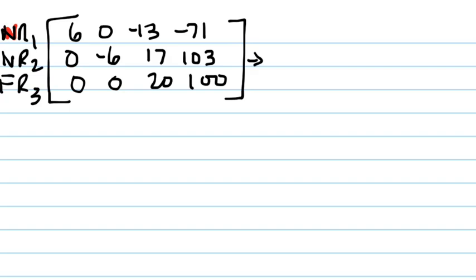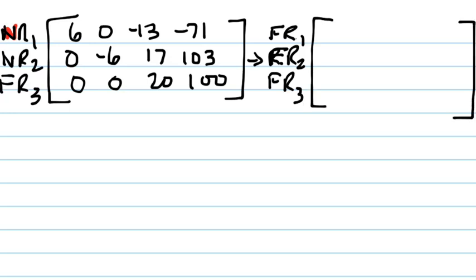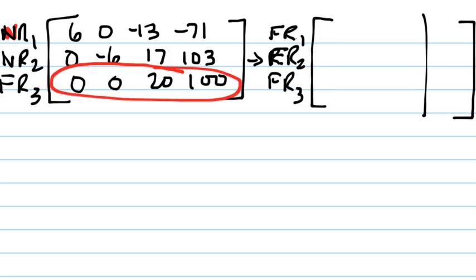So now what we have to do is get our final row 1, final row 2, and we already have final row 3. Third matrix. So we're using third and third. Third row, third column. Which means that our row 3 is not going to change.